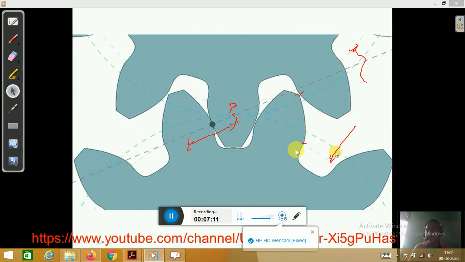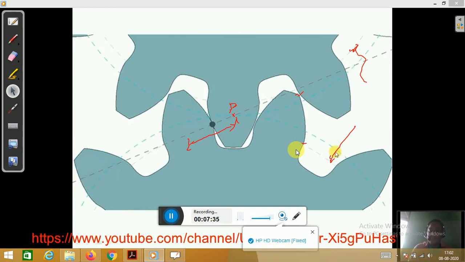If suppose the involute part gets in contact with the lower part, that is the fillet part, then that is called interference. This is a very important term that we have to understand. It is contact between conjugate and non-conjugate profile. Involute is the conjugate profile, fillet is the non-conjugate profile.